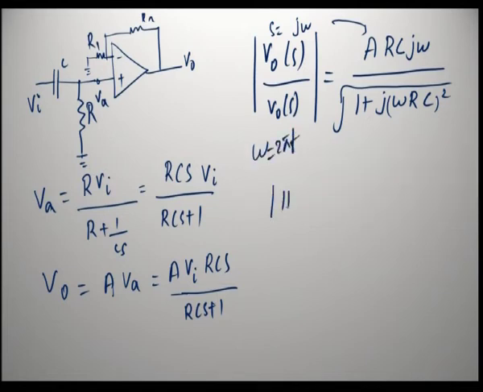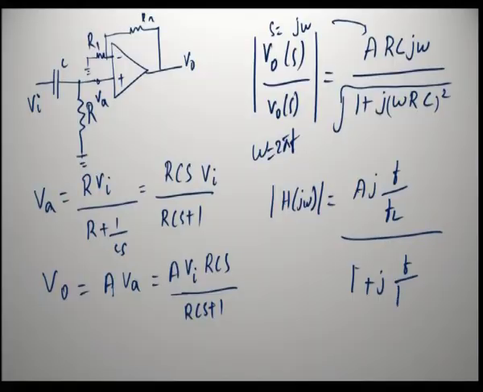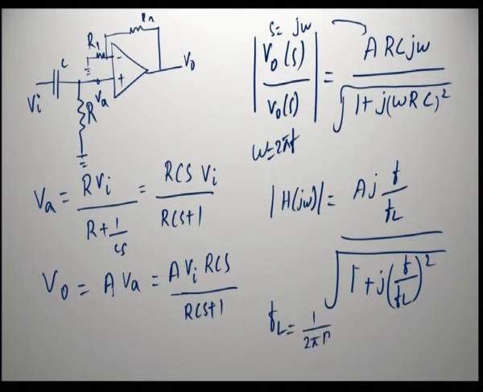You will be getting the transfer function of the filter as A into j f by fl divided by root of 1 plus j f by fl the whole square. So, here fl is nothing but 1 by 2 pi RC.